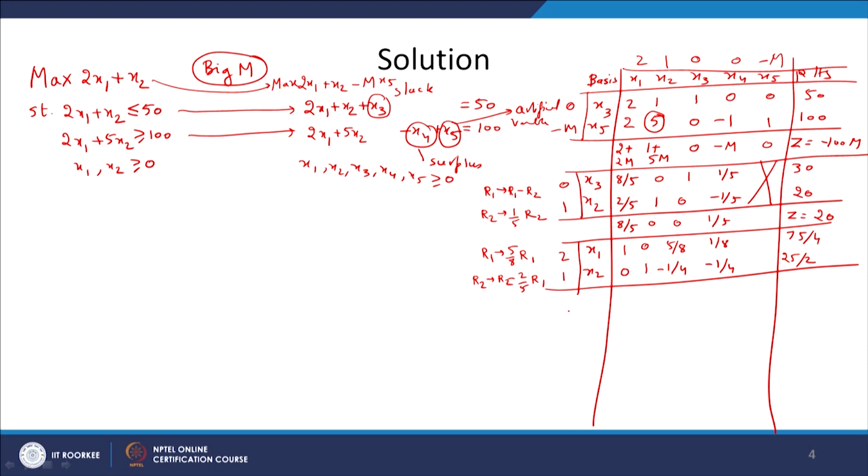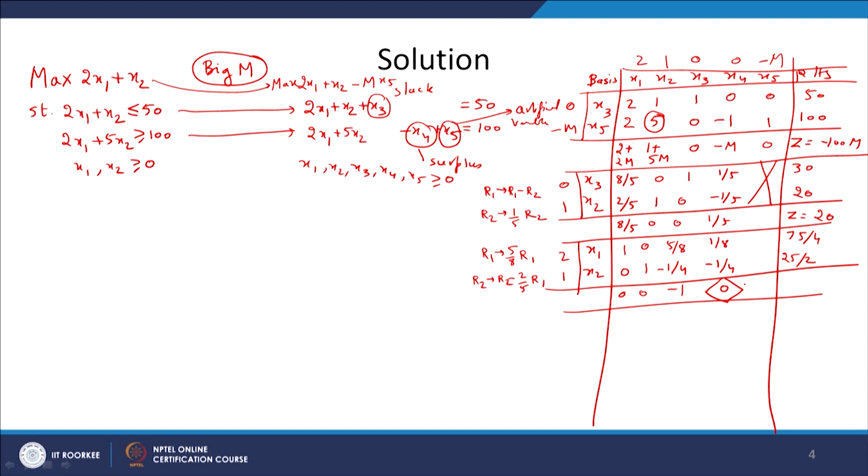Let us now calculate the deviation entries, and we get 0, 0, minus 1 and 0, and we find that this entry is 0, although it is not a basic variable.